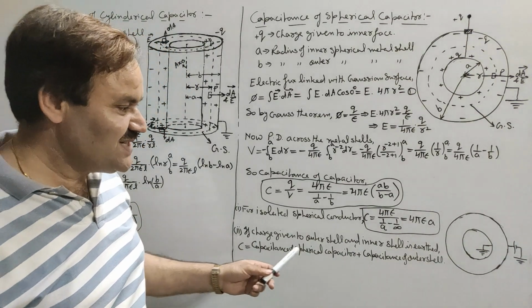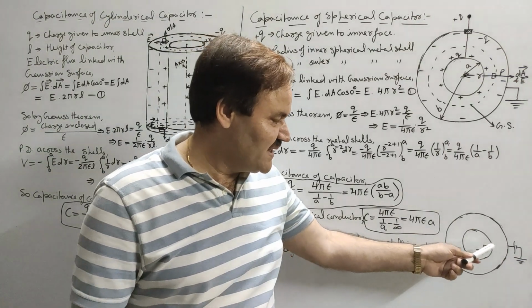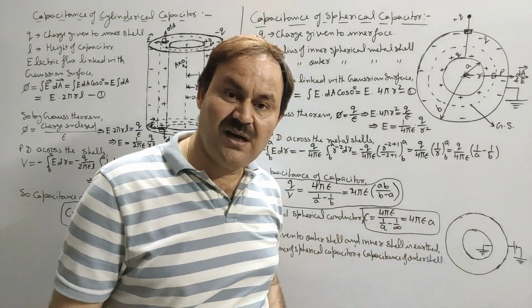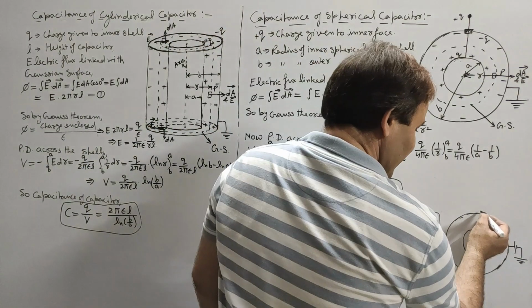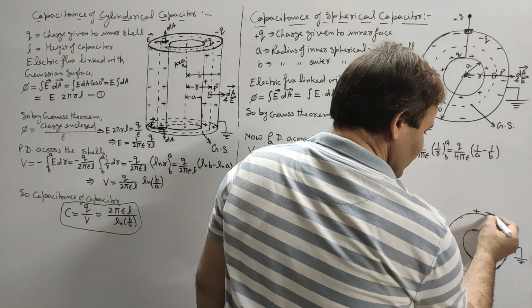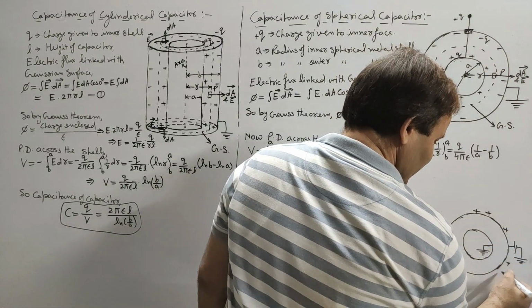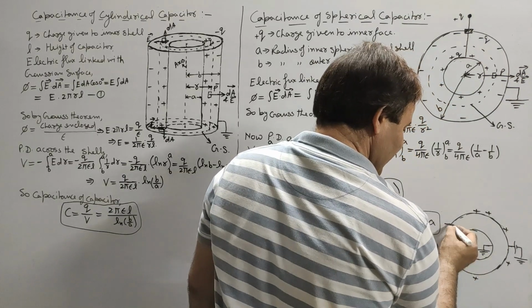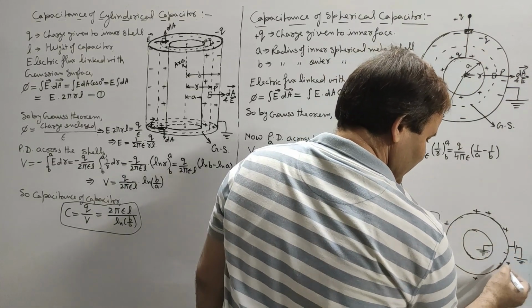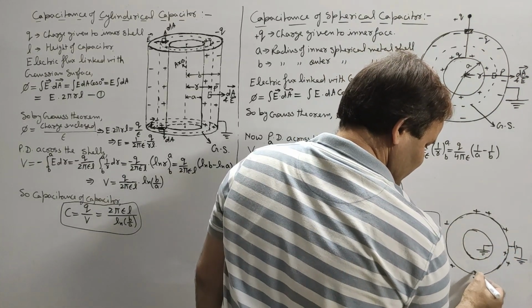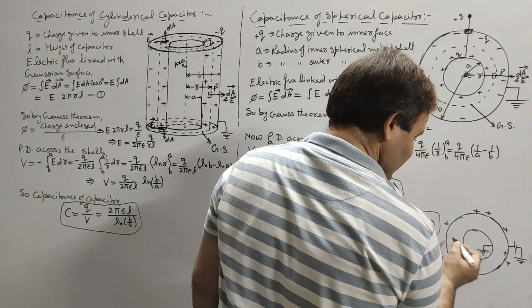Now if charge Q were given to its outer shell, then that charge Q would have distributed on the outer as well as on inner face of outer shell.